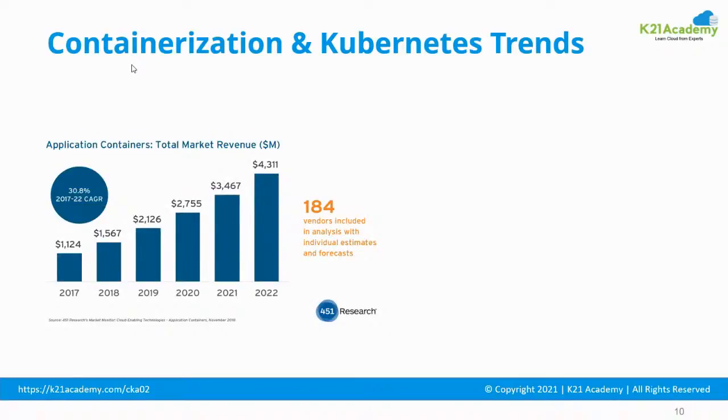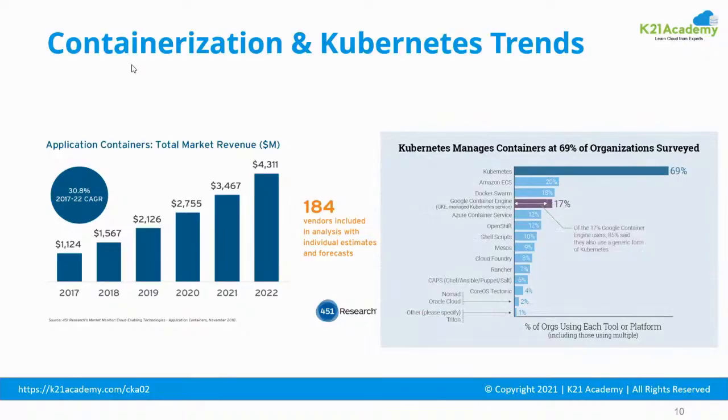Now, if you look at the container market, it is growing aggressively year on year in terms of revenue, $4.3 billion on containers alone. And Kubernetes is one of the main orchestration tools, configuration management tools.